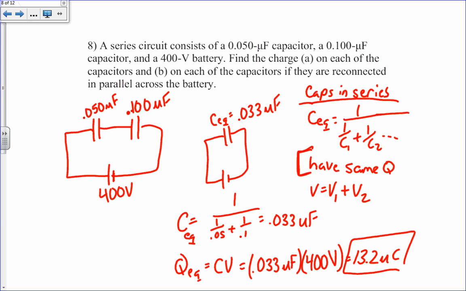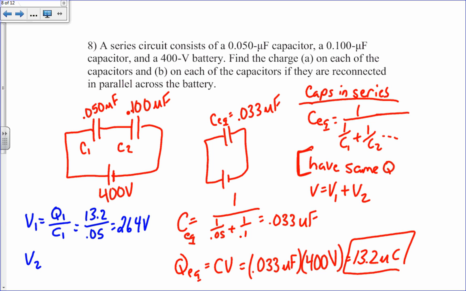By the way, this problem doesn't ask this, but if I did want to know the voltage on C1 and C2, for V1 I would say V1 is Q1 over C1. That's going to be 13.2 over 0.05, and I get 264.